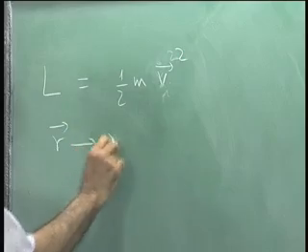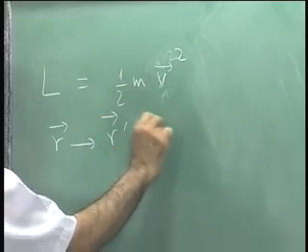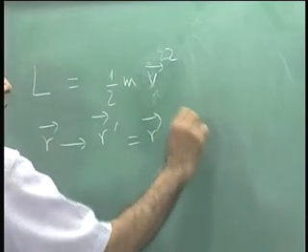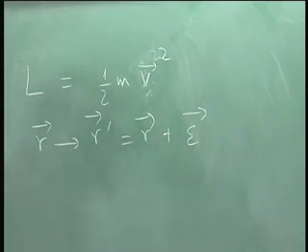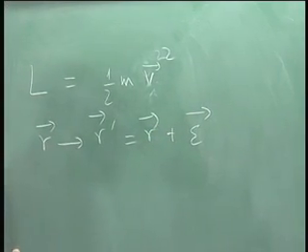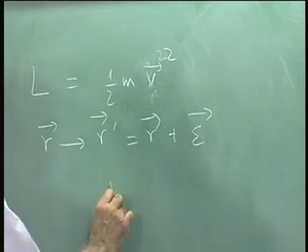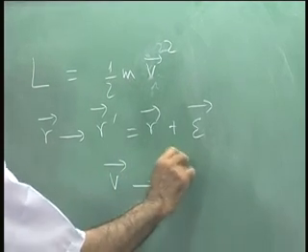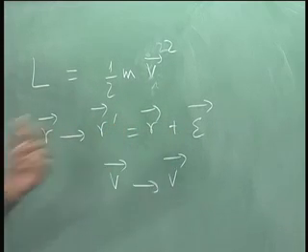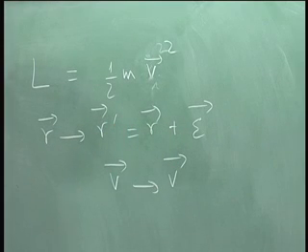So let us go from r to r prime equal to r plus a vector epsilon, an infinitesimal amount, I shift the origin by an infinitesimal amount. It is immediately clear that v goes to v itself because d over dt of this is 0. Therefore this Lagrangian is invariant under a translation of the origin. So let us plug that in.